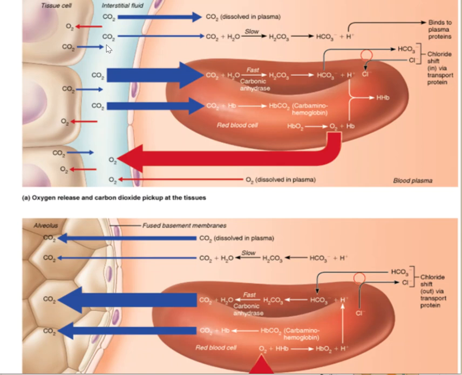Carbon dioxide goes in. It combines with water slowly, there's no enzyme. These two things, when they hit each other, can form carbonic acid just through a normal process.